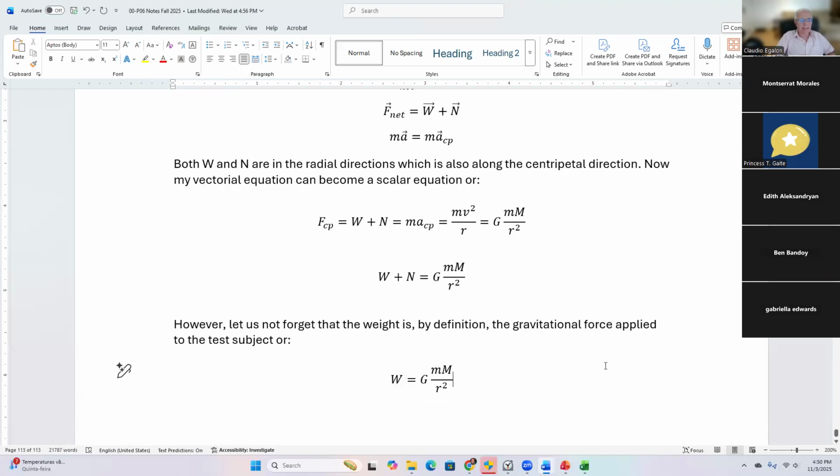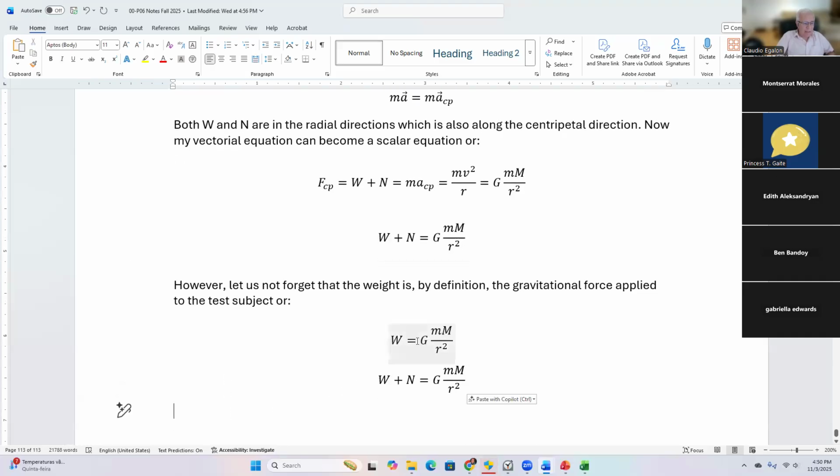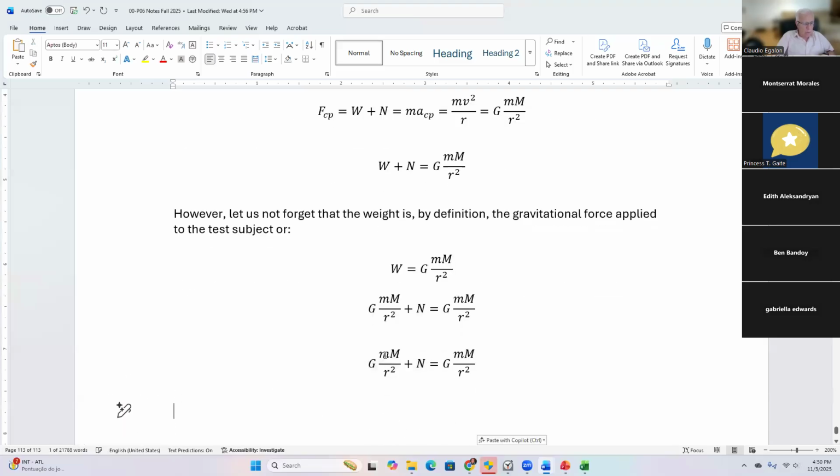Okay? Because the weight is exactly equal to the right-hand side, what does it imply? It implies that the normal must be equal to what? Must be equal to 0. Okay? That's how we prove that we feel weightless while we are orbiting the Earth. That's the way to prove it.